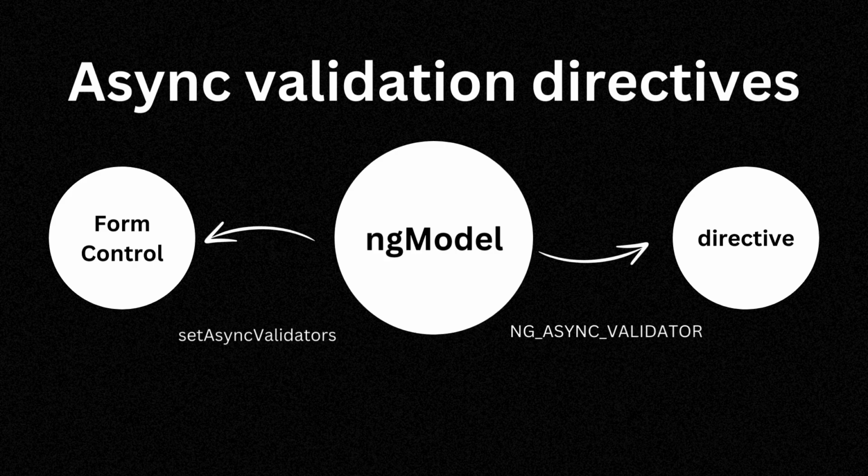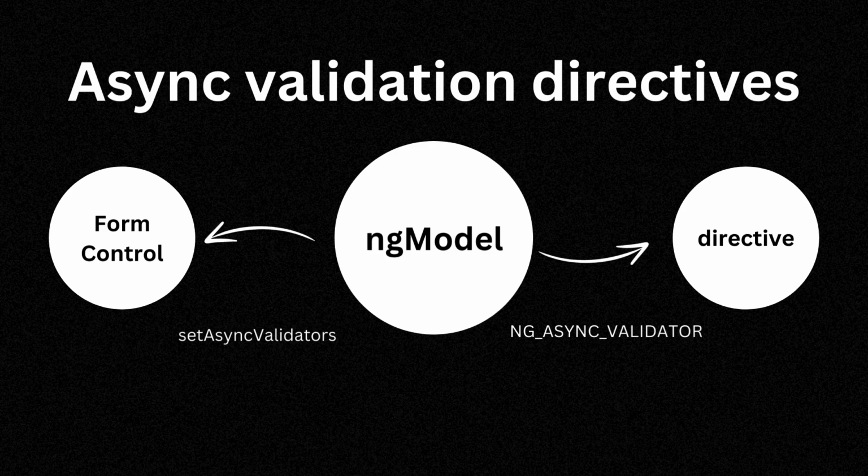Now since ng model has access to the array of validation directives, it will normalize the array into a single function, and it will then call the setAsyncValidators method on the form control and pass that validation function which it has prepared, so that the next time whenever there is a change in the value, form control can execute this validator function and update all the status and error flags accordingly.